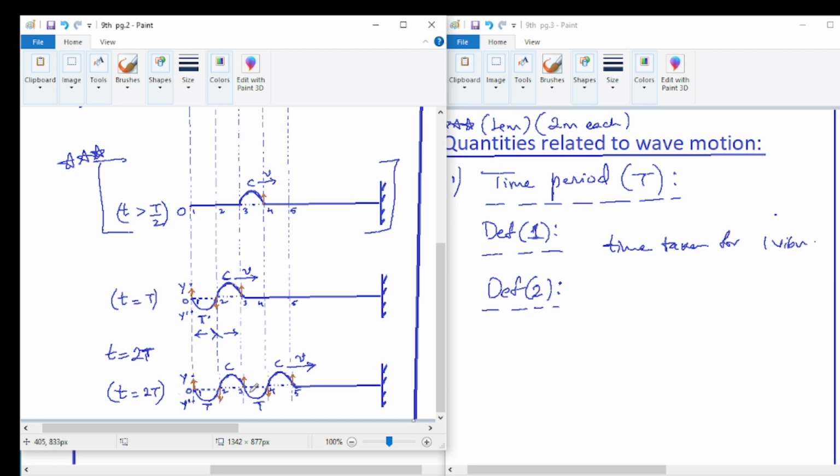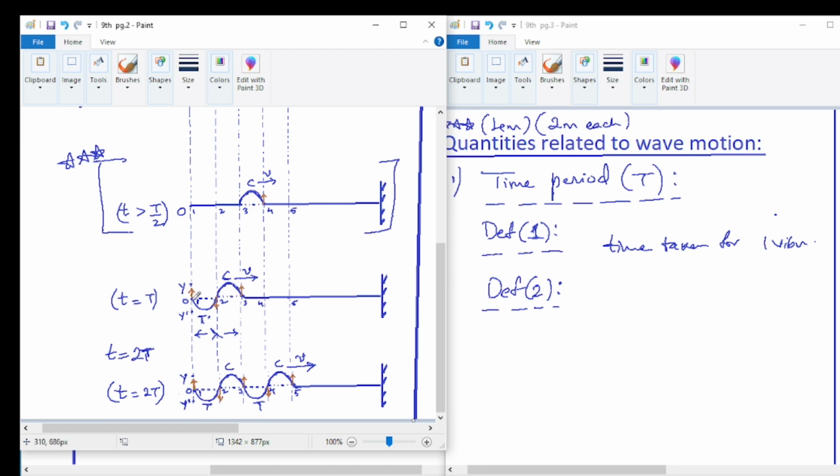So for time period, now we have another new meaning. This is the time taken by one complete wave to pass through a point like particle 3, not just particle 3. In the first time period, through the point representing particle 1, again one full wave has passed through this point.